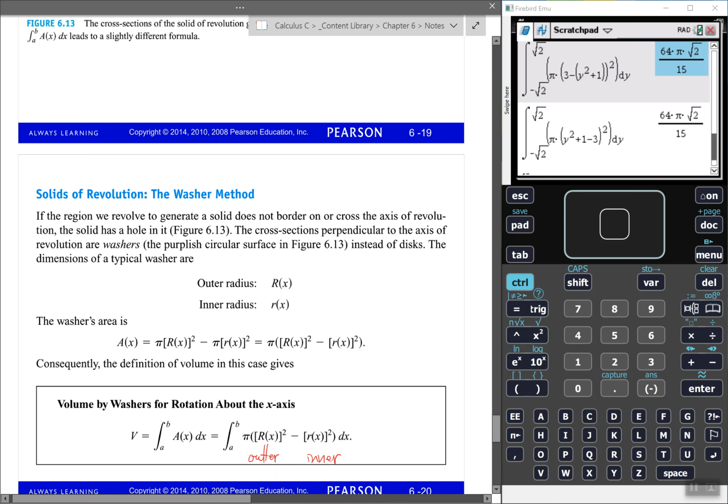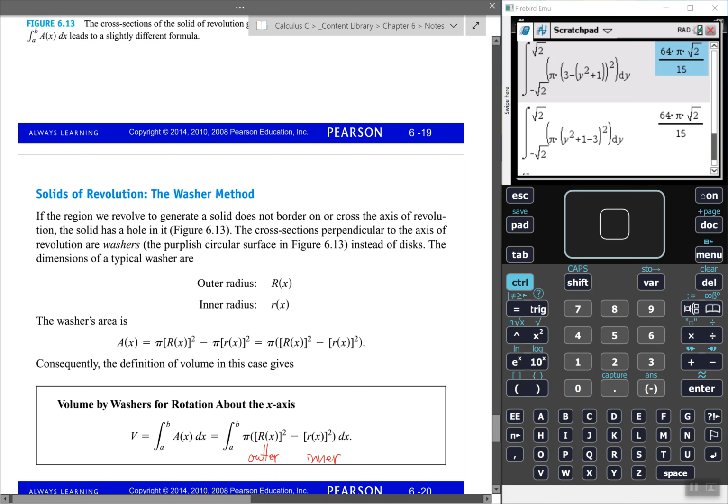And what we're doing is we're taking essentially the volume of the outside function, so a big solid object. And then we're going to take the volume of the inside function and subtract that out of the big function.